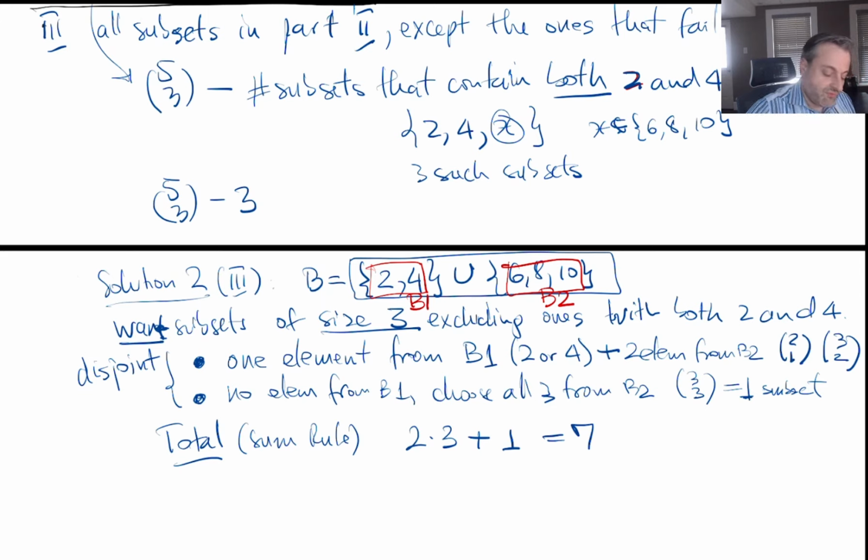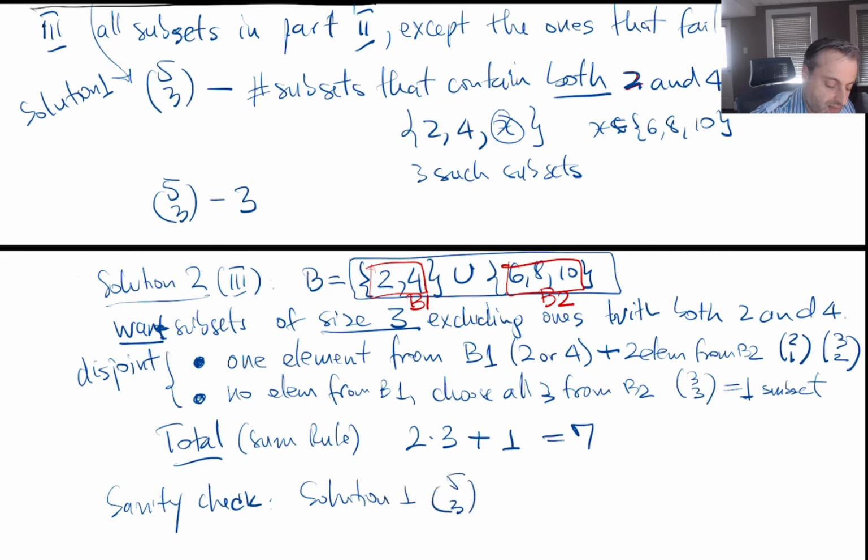I think we should verify the 2 solutions. This is solution 1 right here. So let's sanity check. In solution 1, we have 5 choose 3 minus 3. 5 choose 3 is 5 factorial over 3 factorial times 2 factorial, minus 3.